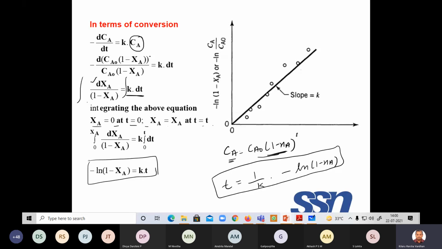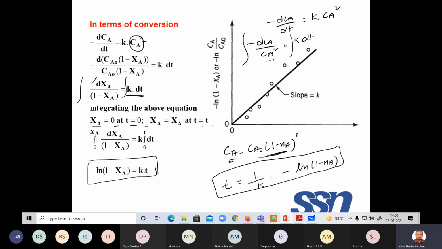If there is a second order reaction, we get a square here, correct? Now minus dCA by dt is K times CA square. Minus dCA by CA square is K into dt. Now if you integrate this, the integral of dx by x square is minus 1 by x.